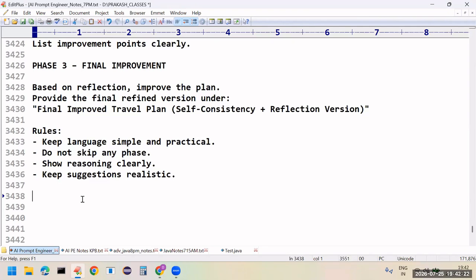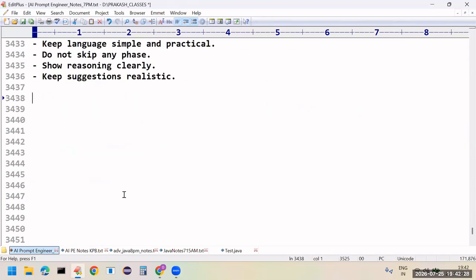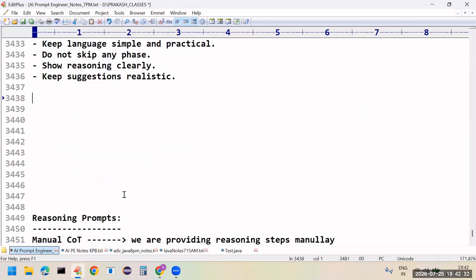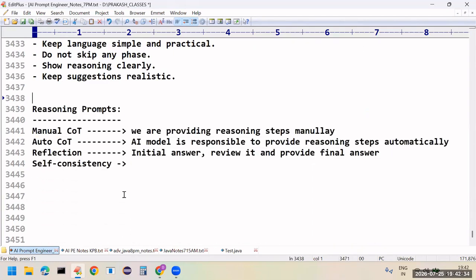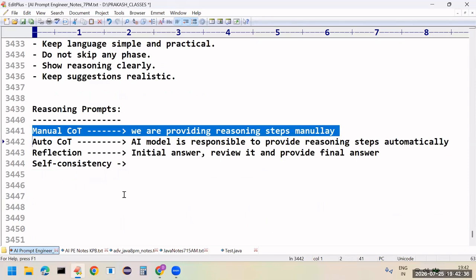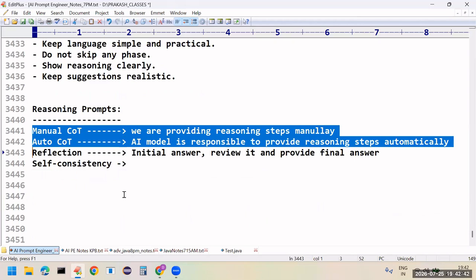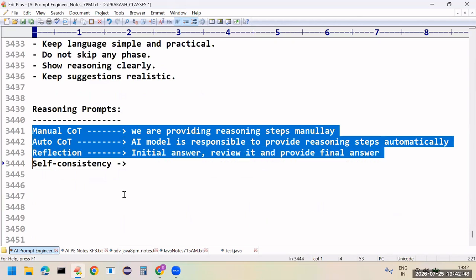So that's all. But let me give one conclusion. Already I am adding some summary points at the end. Now you can see in reasoning prompts, we already covered manual COT, where we provide the reasoning steps manually. Auto COT, where the AI model is responsible for providing reasoning steps automatically.